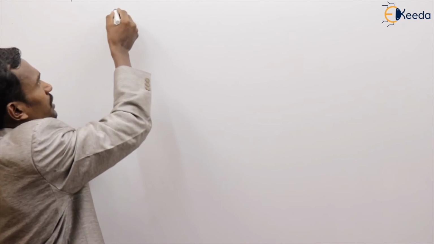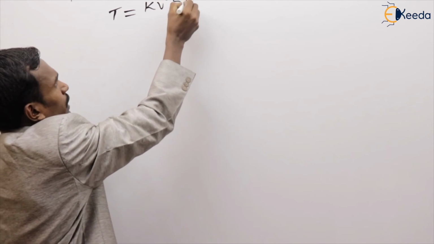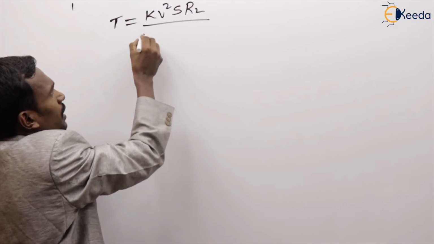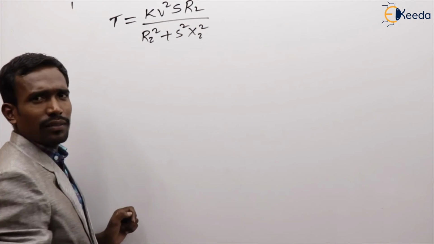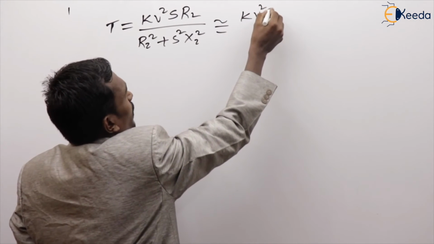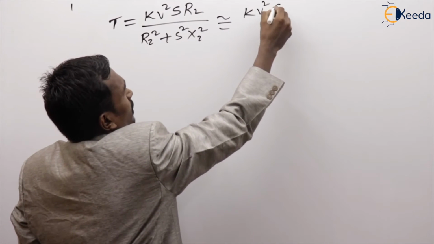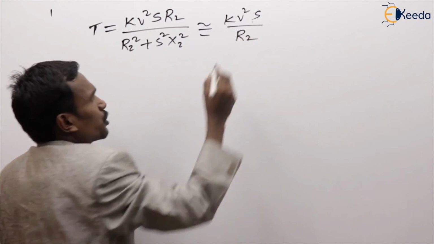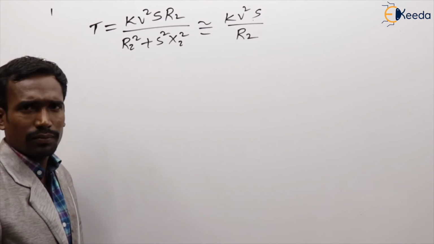Okay. So we saw up to now the torque equations. What are the torque equations? Once again, the full load torque is equal to Kv square into S into R2 by R2 square plus S square X2 square, which has the approximated formula Kv square into S by R2.